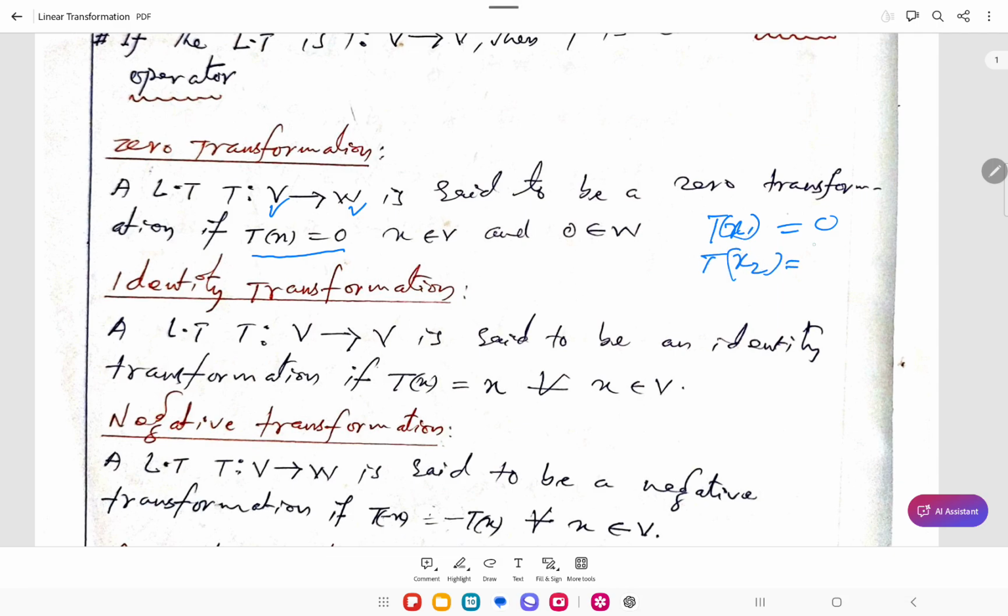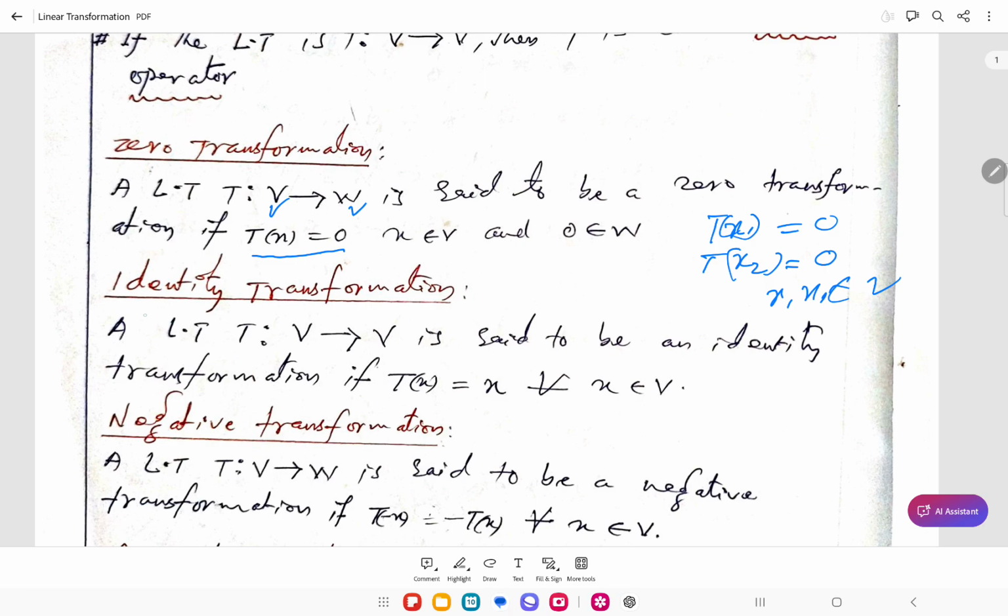So whatever inputs you give to T, Tx1, Tx2, it will give you the 0 vector. Then we say that T is a zero transformation. So x1, x2, dot dot dot xn, these are all vectors from V, not from W. Whatever inputs you give to T, it will give you 0. This type of transformation is called zero transformation.